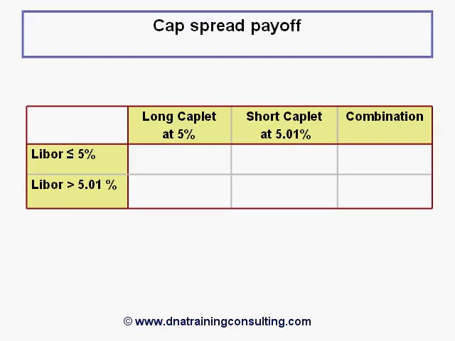The table that has appeared now uses our standard notation to express the payoff under the caplet spread for the two alternative levels of LIBOR resets, where we are ignoring the case of LIBOR resetting somewhere in between 5 and 5.01. And this table confirms that the investor will receive on the expiration date in the last column either 1 basis point or nothing.